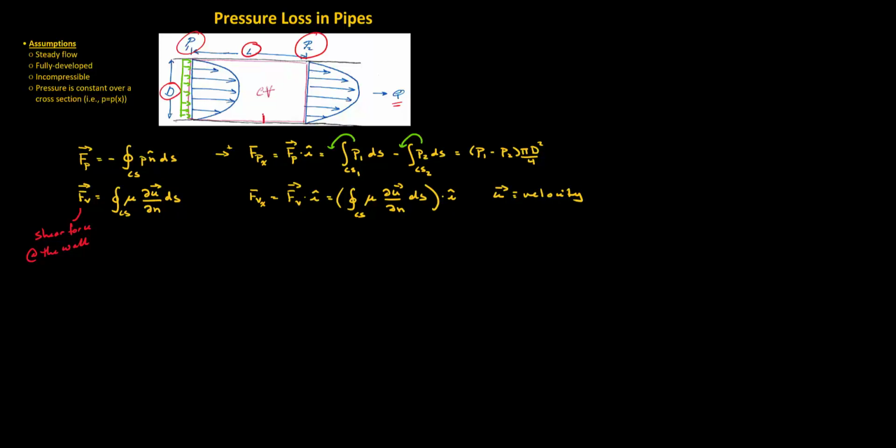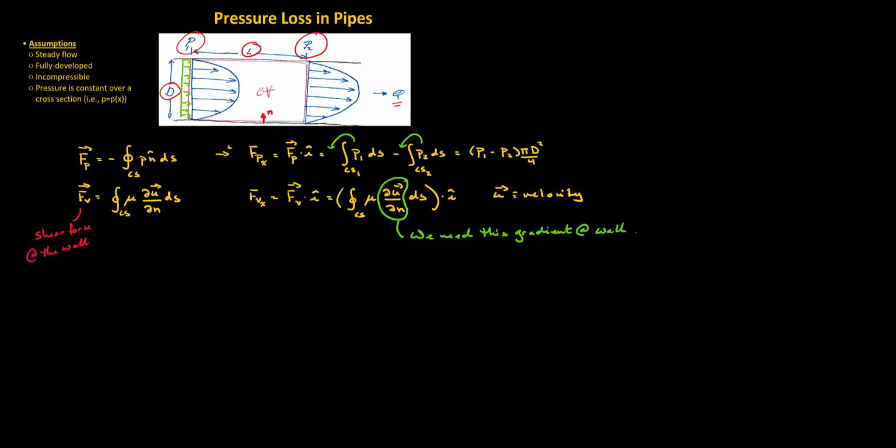So this n here is orthogonal to the wall. So we need this velocity gradient at the wall.